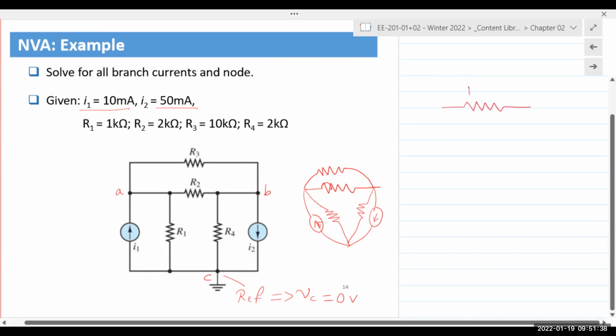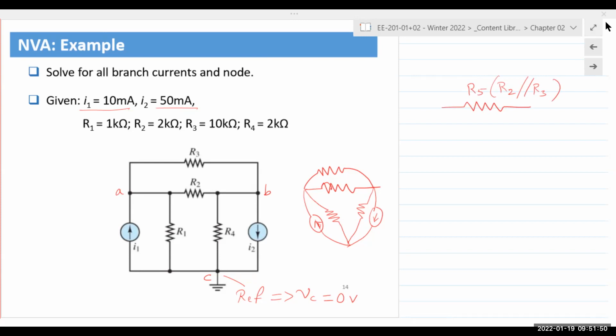And we can call it R5. R5 is R2 in parallel with R3. The value should be, is it 2K and 10K? It's 20 divided by 12?